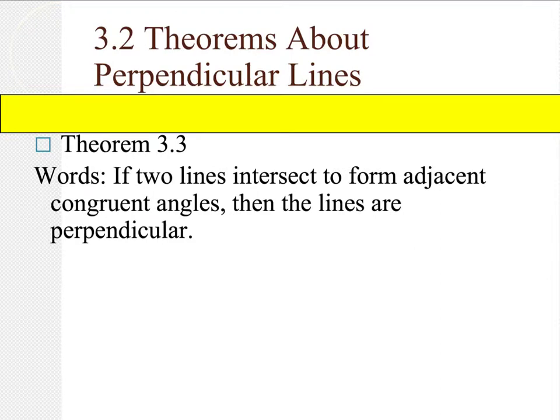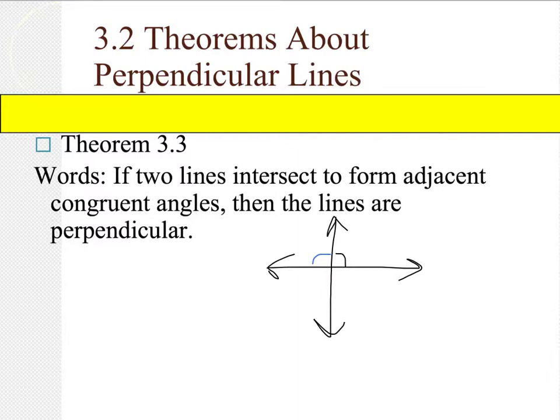Next one, 3.3. If two lines intersect to form adjacent congruent angles, then the lines are perpendicular. Okay, so that means if I have two lines that look like this, and they are adjacent, so these two, that one and this one, okay, if we know that those intersect to form adjacent congruent angles, then the lines are perpendicular.